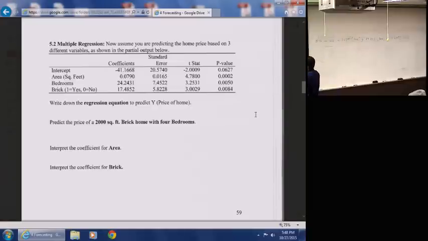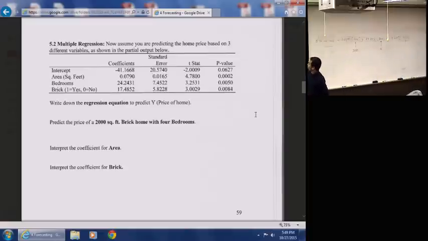Now predict the price of a 2,000 square feet brick home with 4 bedrooms. What would be the average price of a 2,000 square feet brick home with 4 bedrooms? So how would you do it? You put the 2,000 into the area, and then 4 for the bed, 4 beds, and for brick, you put what?